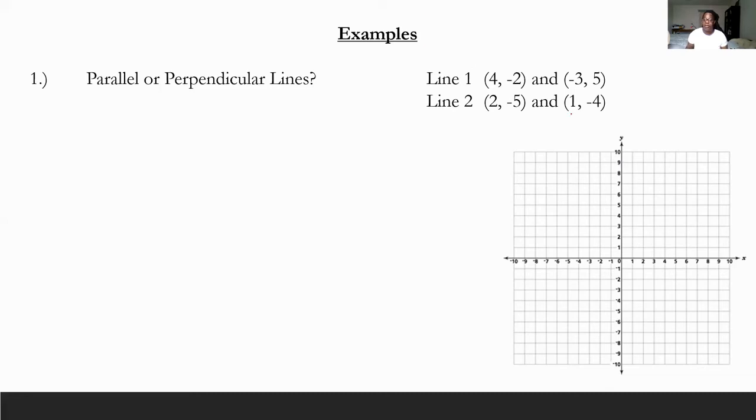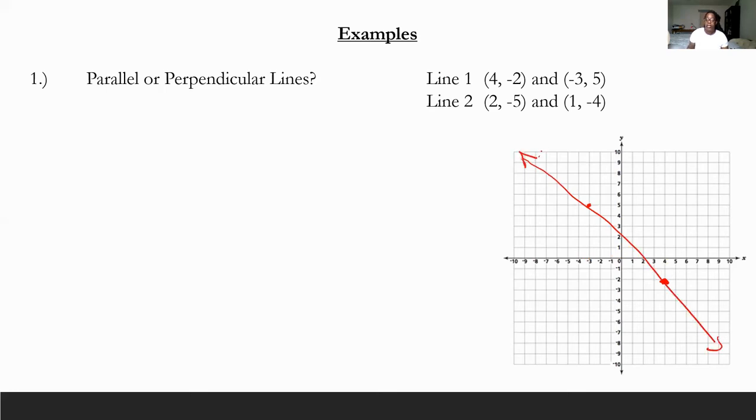So I got (4, -2). If I start at the origin, I go to 4 and then -2. Okay, so that's that point right there. And then (-3, 5). So we go to -3 and then we go up 5. And then we're going to draw our line.